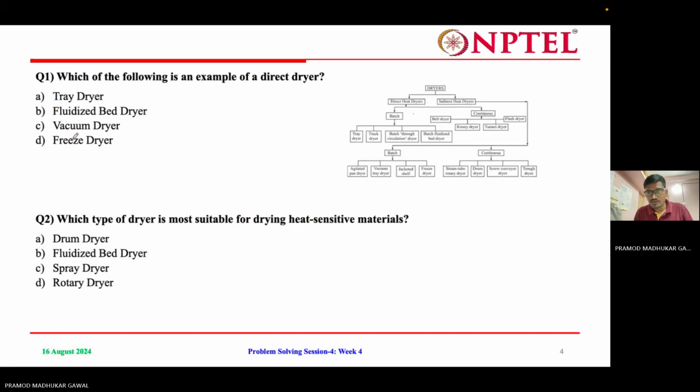Vacuum dryers come in indirect, not direct. So tray dryers and fluidized bed dryers are direct dryers. Now option B is correct.